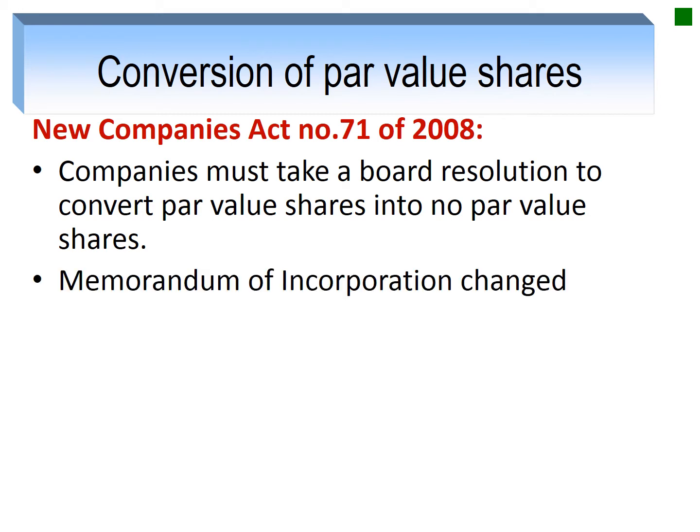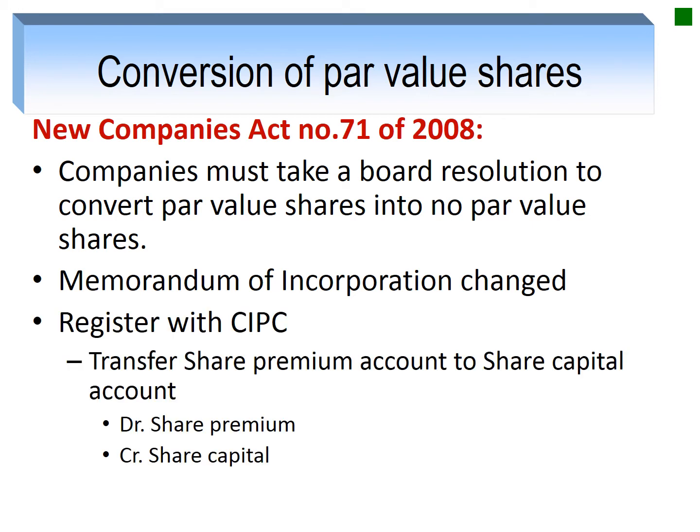If they make this decision, they have to change the memorandum of incorporation of the company. This is the memorandum that you have to register at the time when the company is set up. And that memorandum of incorporation has to be registered with the Companies and Intellectual Property Commission, or the CIPC.